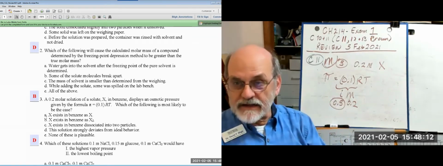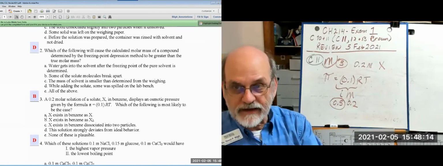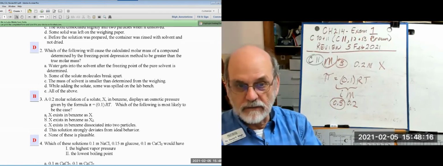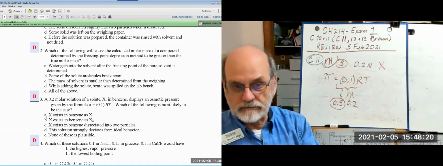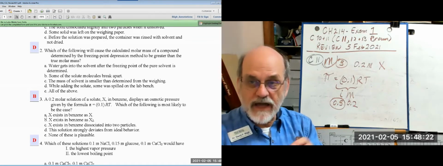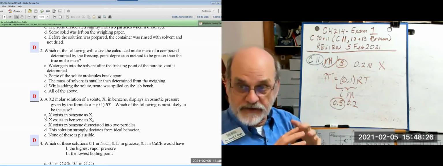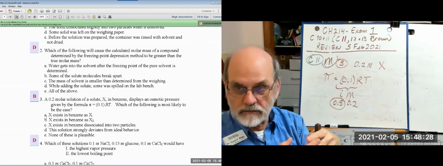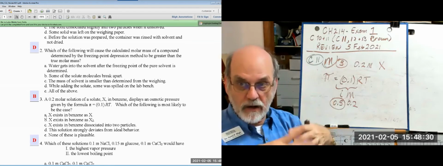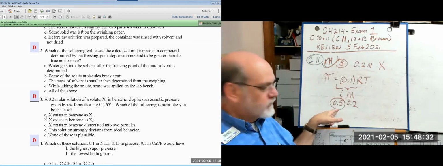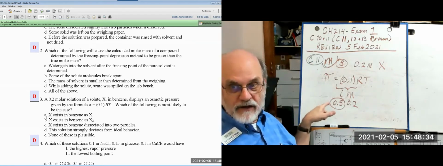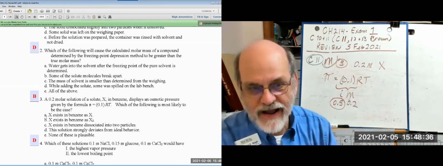So in reality, what's happening when you dissolve things in your solution, you actually have to start forming associations with the solute in solution. It has to pair to give you that reduced value. So let's look at our answers.